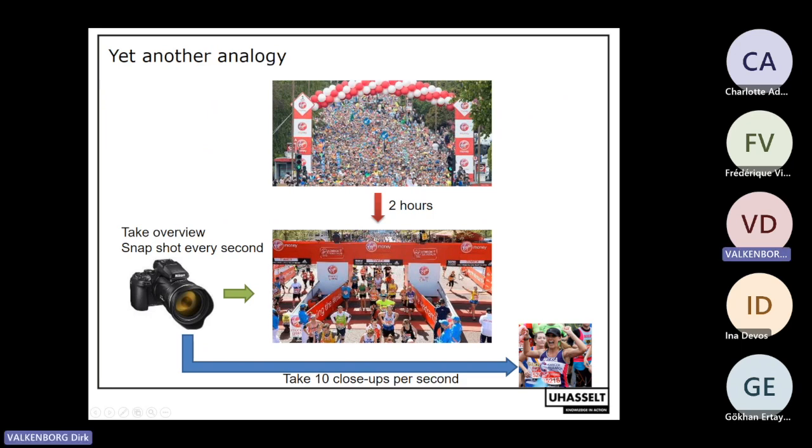Then you select the 5 persons you haven't photographed yet, quickly zoom into those guys, and take a snapshot of them. And you just repeat this process over and over again because you don't want to miss any of the runners that are participating that day.